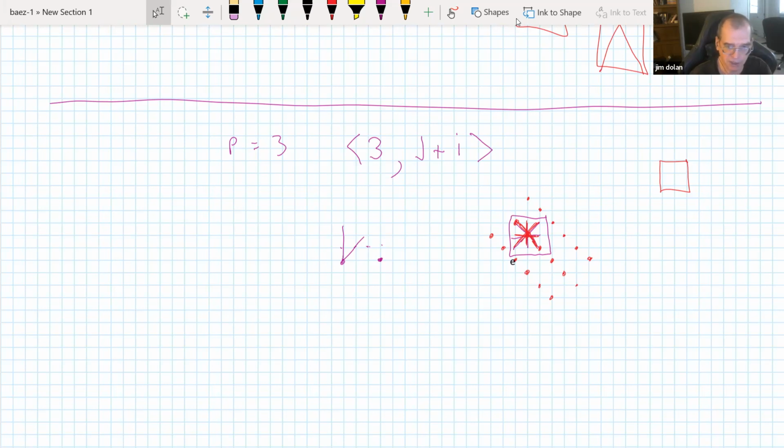You're just dealing with the Gaussian integers modulo 3, but thought of as an abelian group.